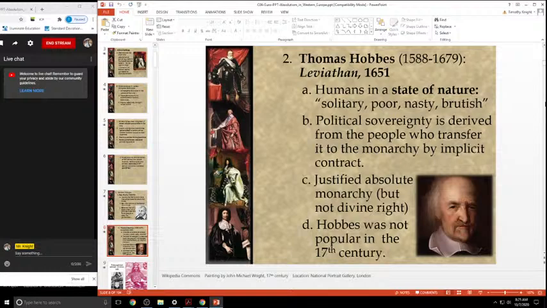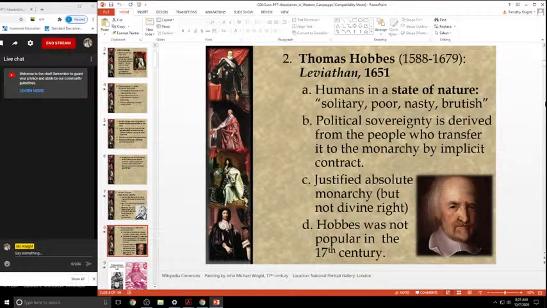That humans are wicked. Okay? And if you know anything about what a leviathan is, like this evil sea creature thing. Okay? He's basically arguing that humans, due to their human nature being so nasty, need to be controlled.